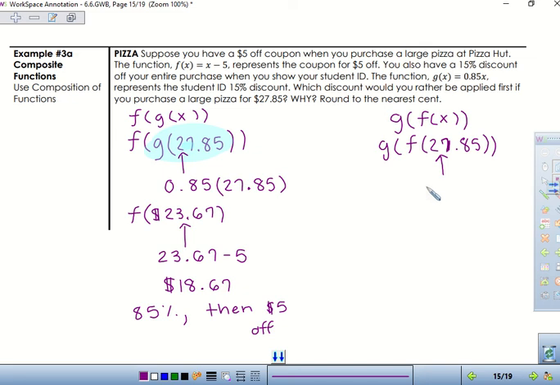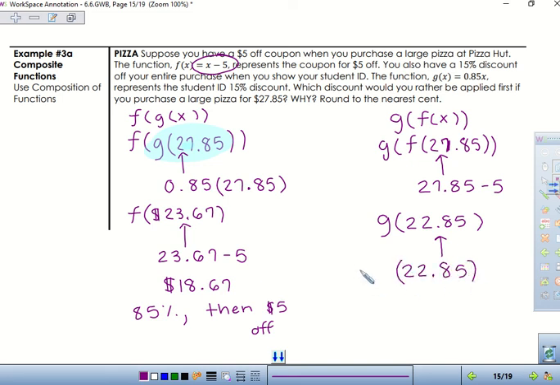So I have to find f of 27.85. So that f function is going to be this one. So I'm going to do 27.85 minus 5. 22.85. Good, 22.85. And now I have to do g of that. So I'm now going to take 22.85, and I'm going to multiply that by what? 0.85.